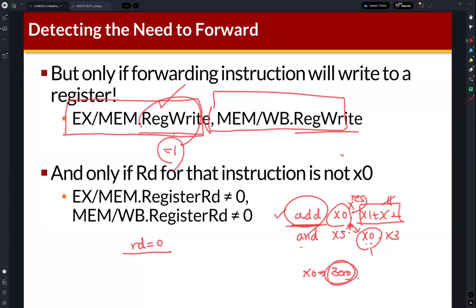But x0 is always 0 by definition, based on the instruction set architecture document, right? But if the non-zero value is forwarded, then our CPU will generate an incorrect result, right?